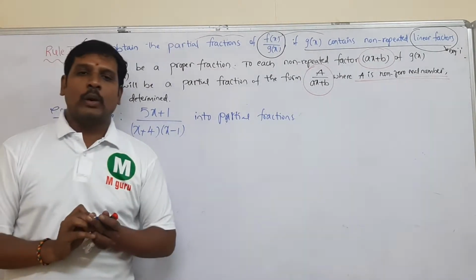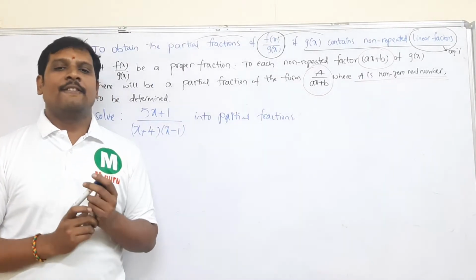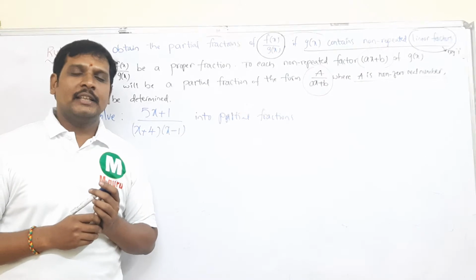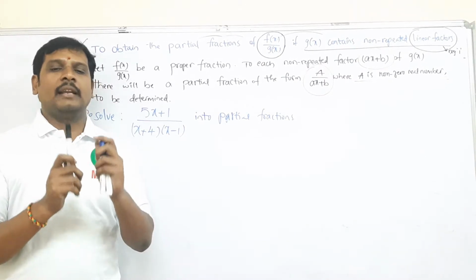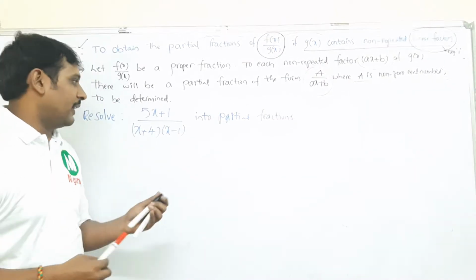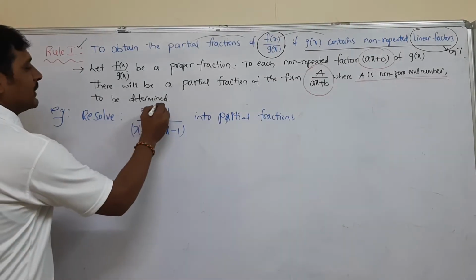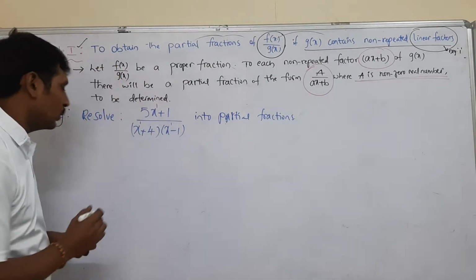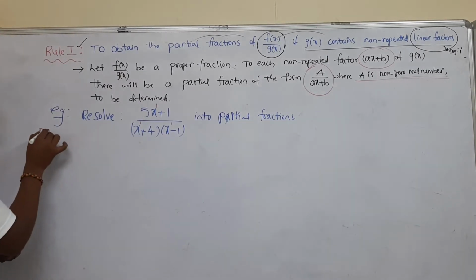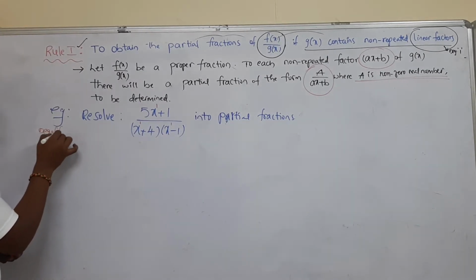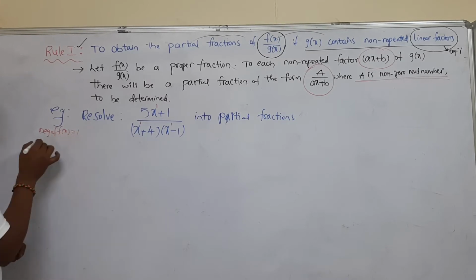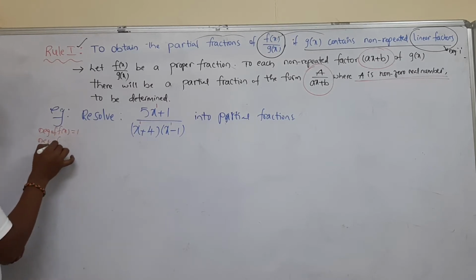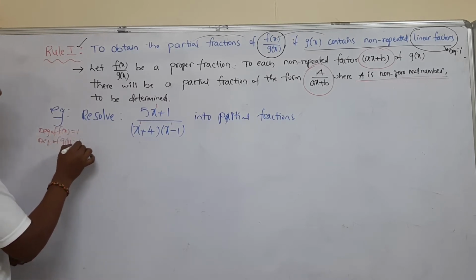Before converting into partial fractions, first in rough work we need to identify whether it is proper or improper. What is the degree of the numerator? 1. What is the degree of the denominator? 1 plus 1, 2. So clearly you can see that the degree of f of x is 1, whereas the degree of g of x is 2.